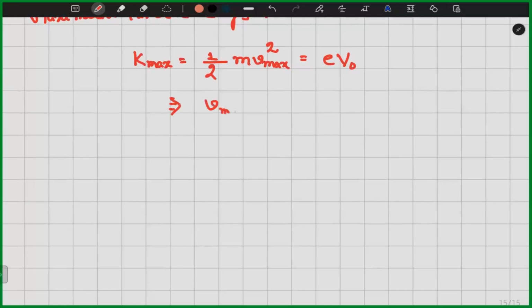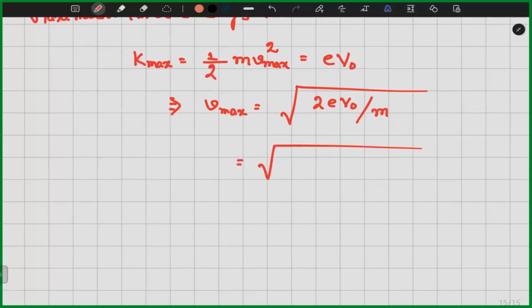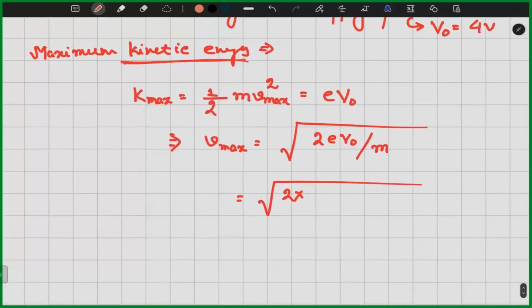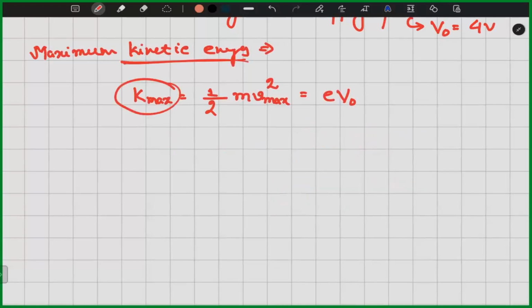So Vmax will be the square root of 2eV0 divided by m. Here the mass of electron is not provided, but they are not asking the maximum velocity. They are asking the maximum kinetic energy, Kmax. So it's very easy then.